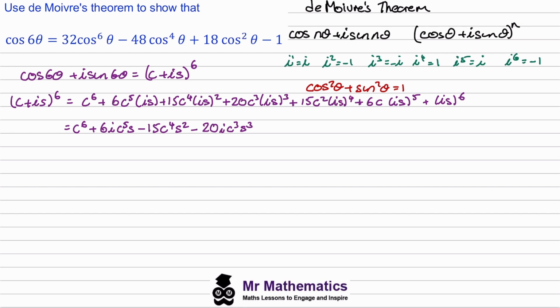I to the 4 is positive 1, so 15 c squared s to the 4. I to the 5 is positive I, so 6I c s to the 5. And then I to the 6 is negative 1, so negative sine to the 6.